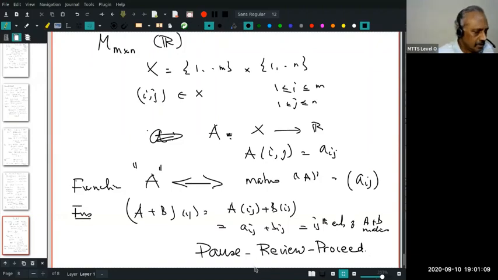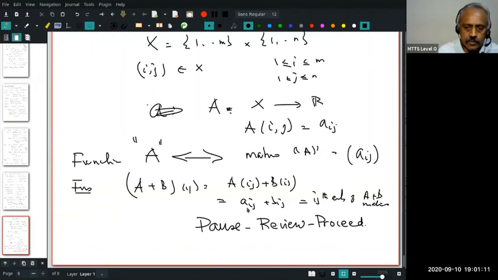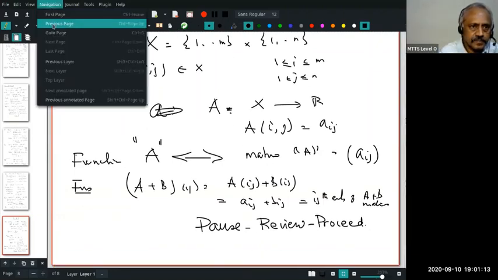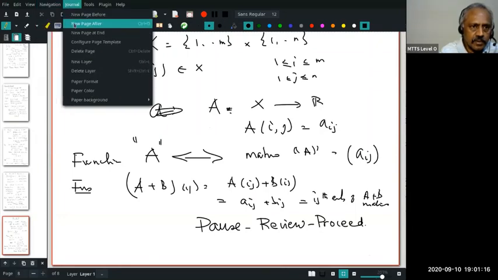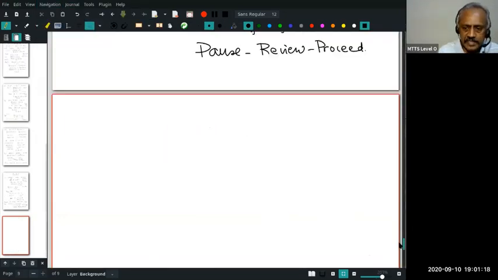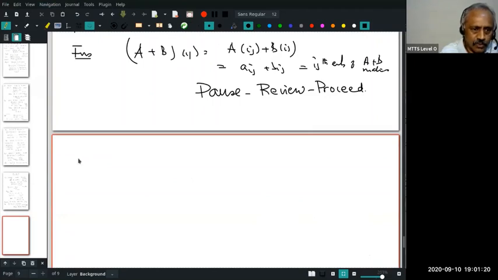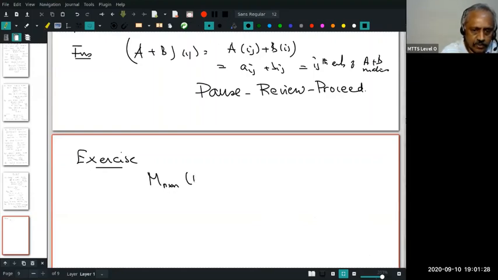Okay. Right. Before going further, I'll give you very simple-minded exercises. I hope you will all do them. Okay. Let us look at n cross n matrices, that is, square matrices of size n.